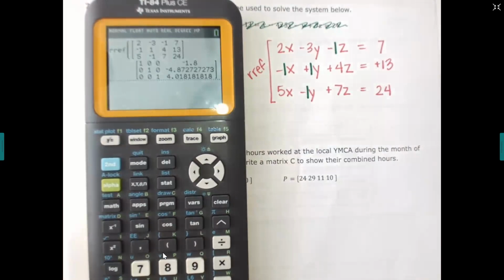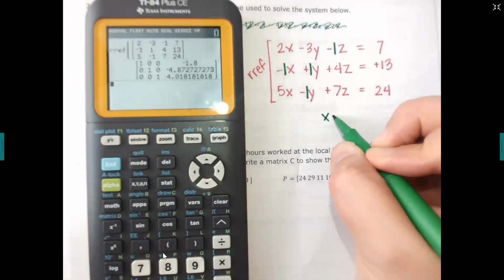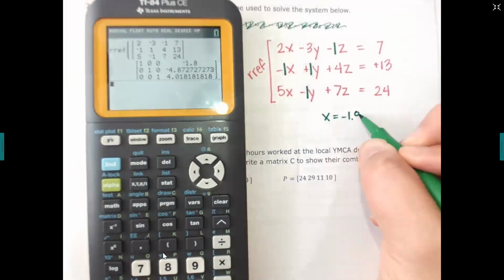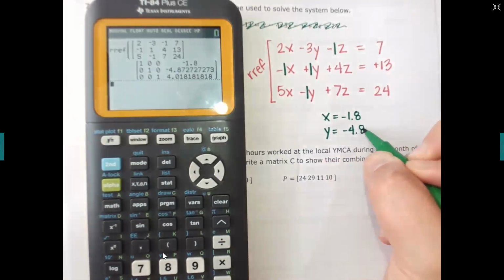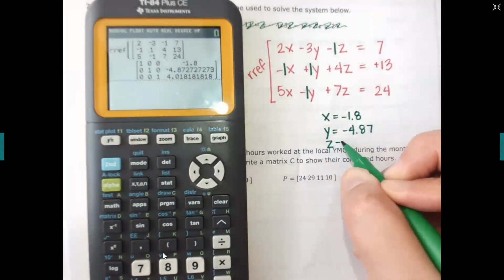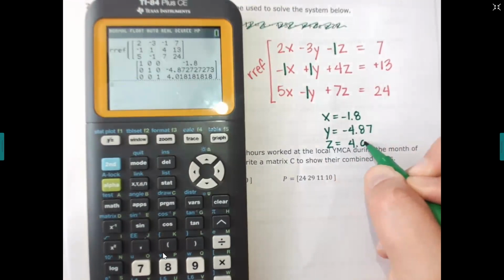Okay, so when you get your answer, remember, you don't care about any of the 1s and the 0s. You really just care about these 3 numbers right here. Remember that your first answer is the answer for the first letter. So I'm gonna put X equals -1.8, Y is -4.87, and Z is 4.01.